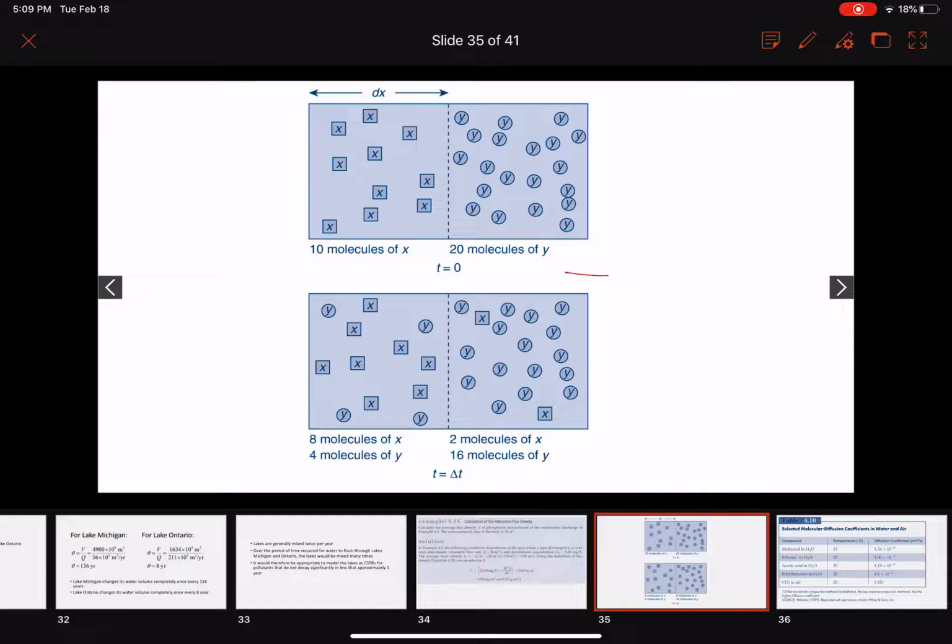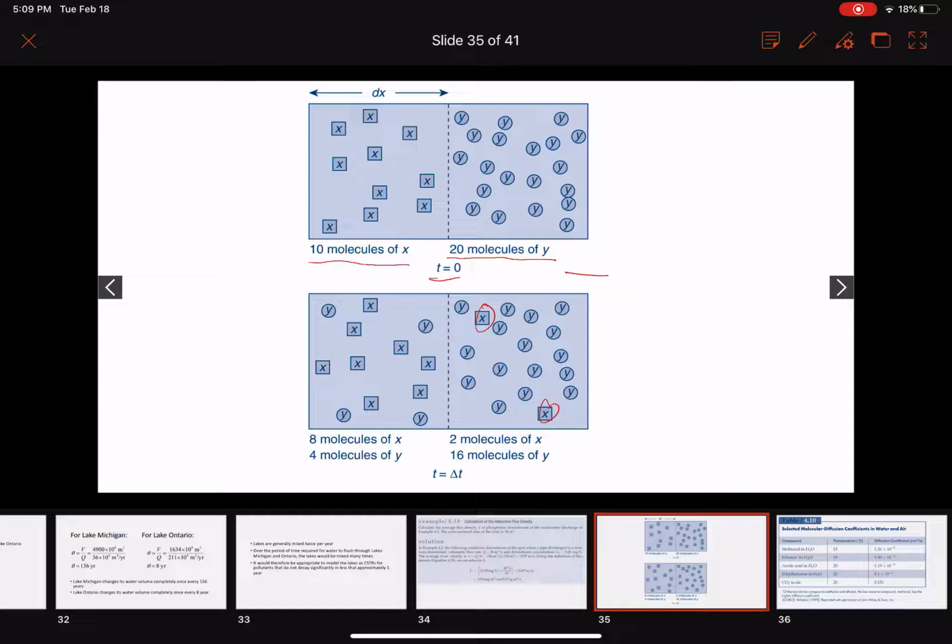And also if you look at this, you can see the way that the movement works. For example, at time 0, if there is a membrane and 20 molecules of Y and 10 molecules of X in both sides, you can see sometimes the diffusion between these compartments, that 2 molecules of X entered, while 16 molecules of Y stayed.